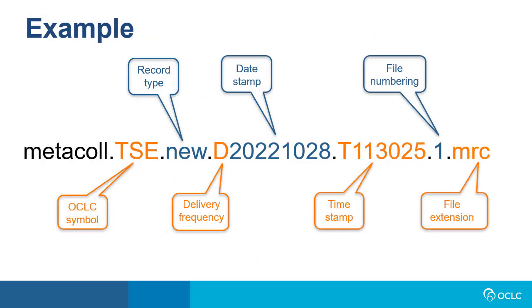An example of a file of records for library TSE with new records output daily on October 28, 2022 at the 11th hour, 30 minutes, and 25 seconds. File 1 of this set and output in MARC standard.